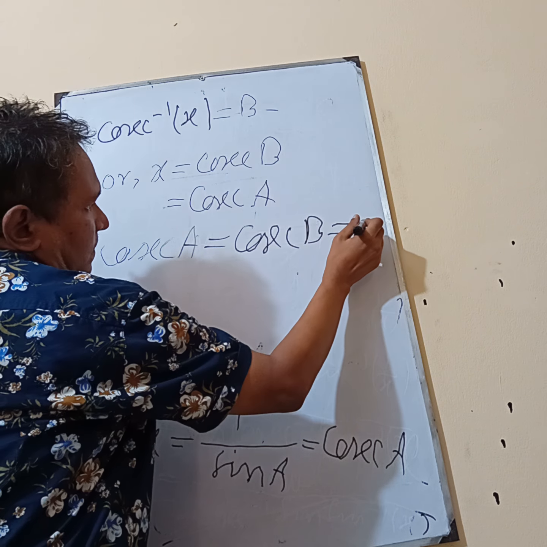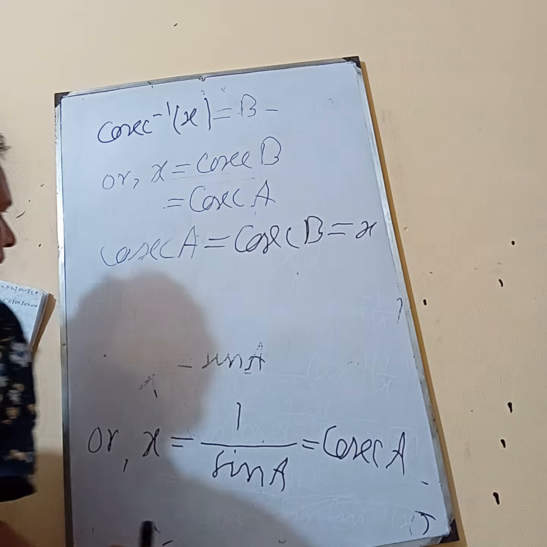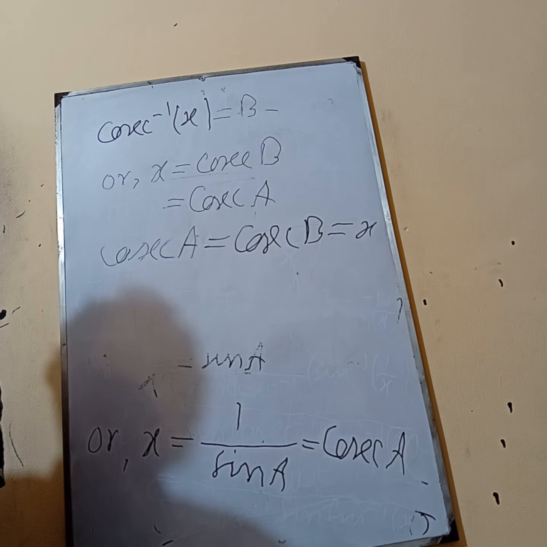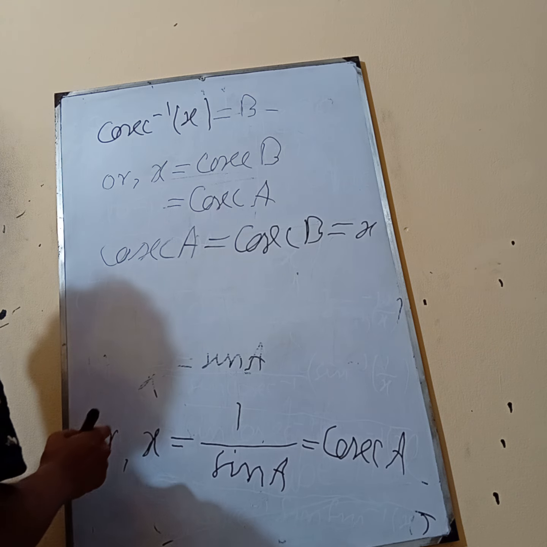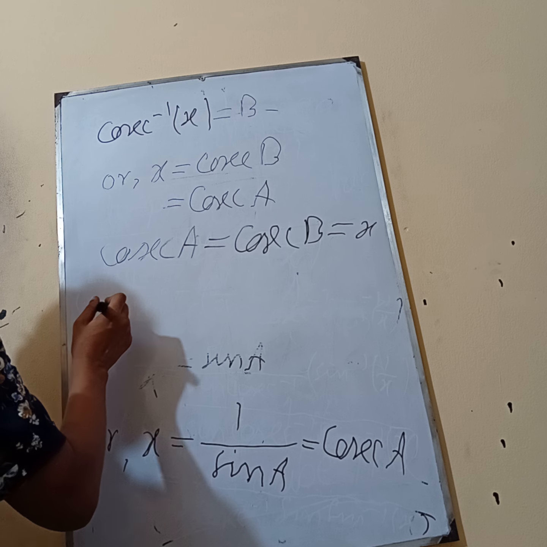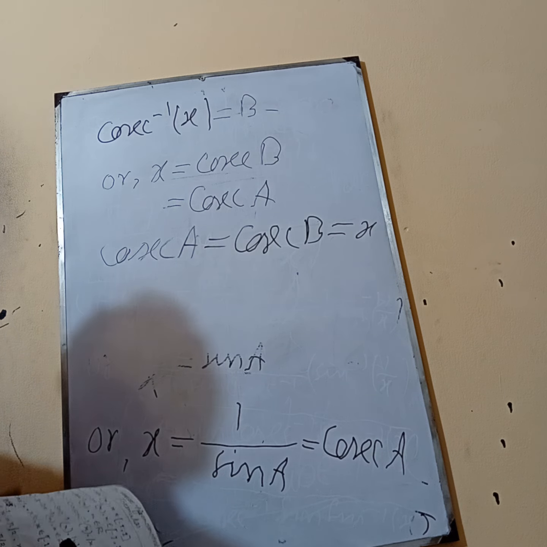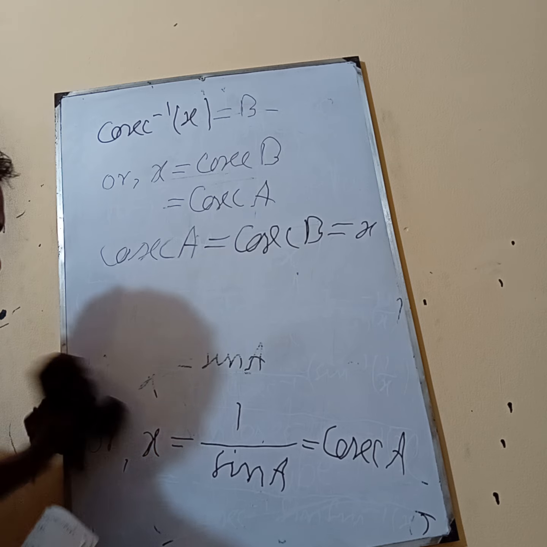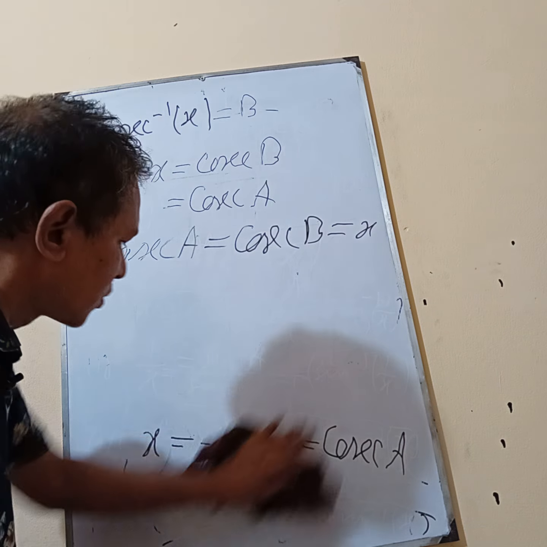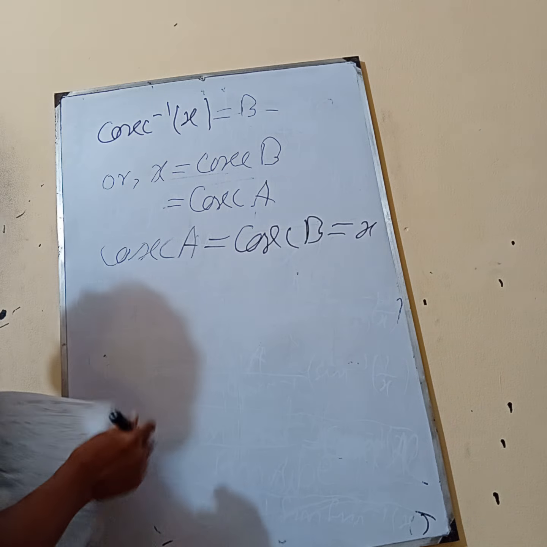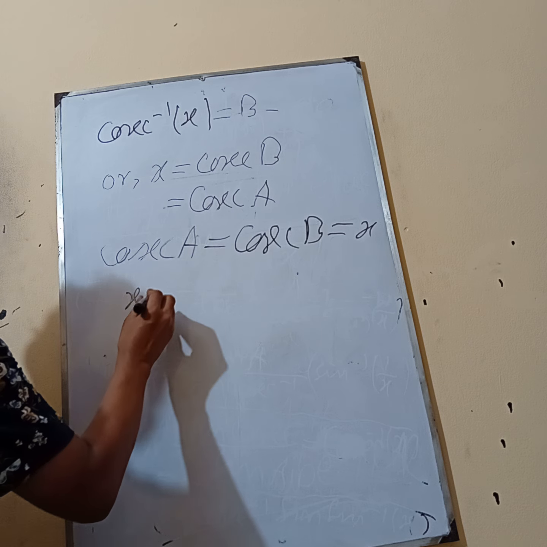So cosec a is equal to x, cosec b is equal to x.